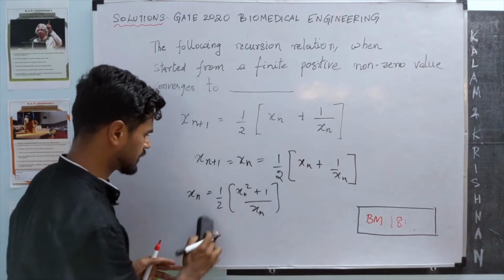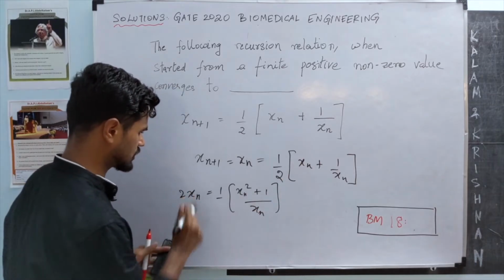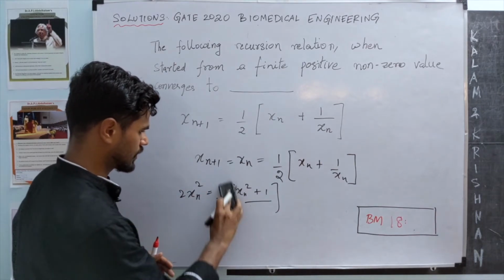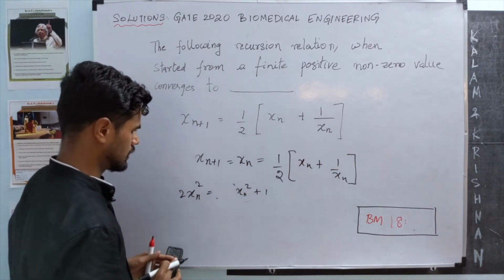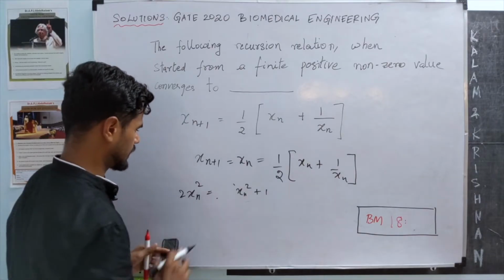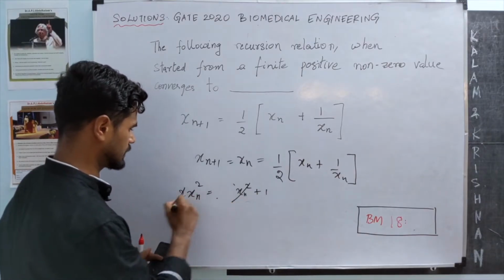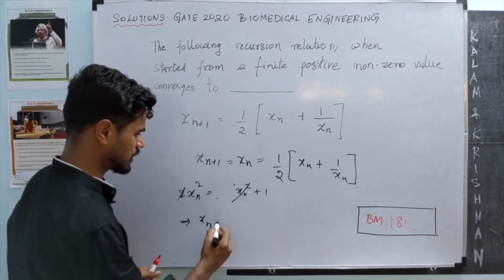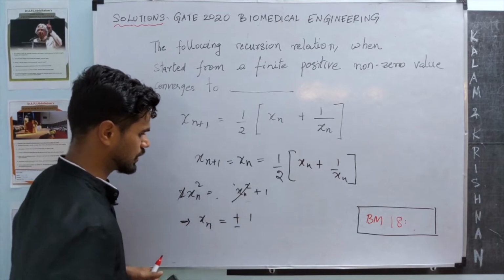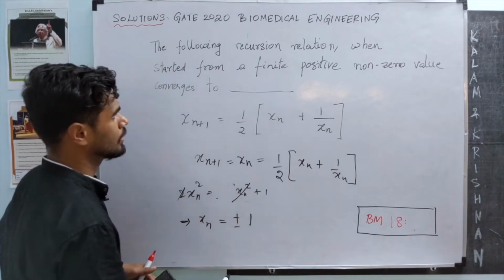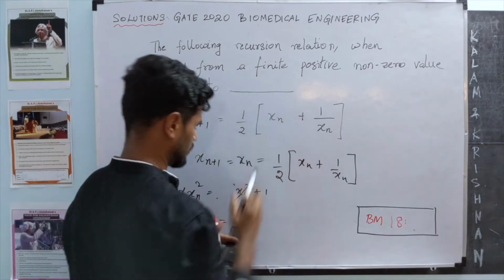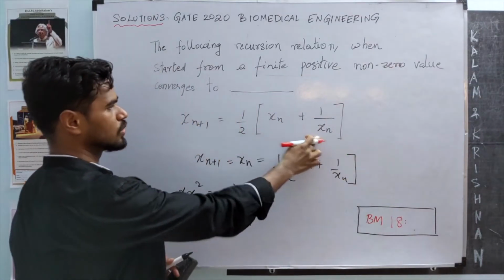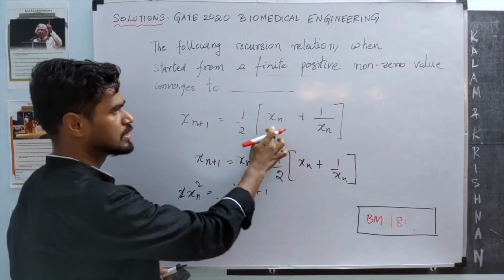Simple algebra over here. The 2 goes to this side, the xn goes to this side, and we can cancel an xn from this side, and this implies xn square is 1, which means xn is plus or minus 1. We start off with a finite positive non-zero value. First of all, if we start with 0, it is not defined: 0 plus 1 over 0.